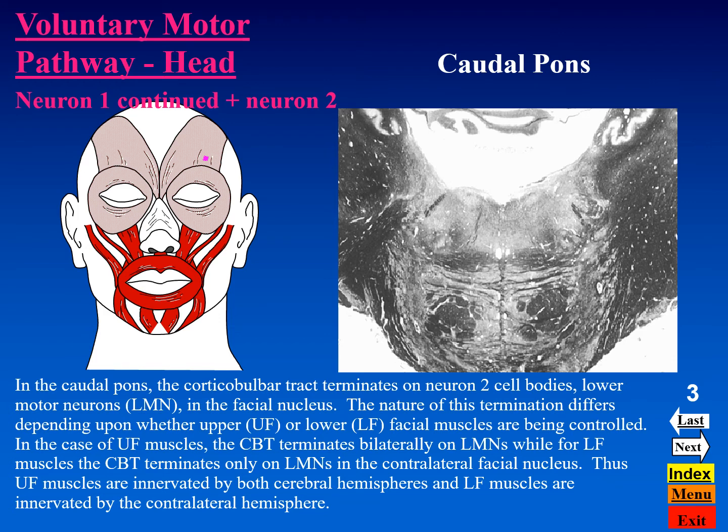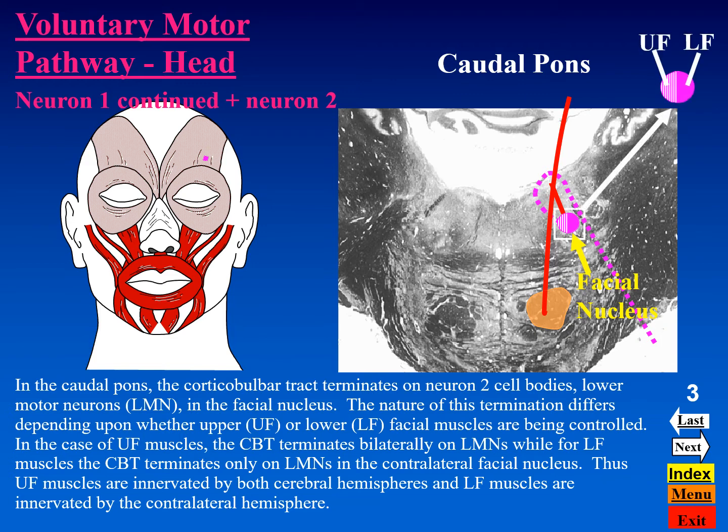In this caudal pontine level, we will see the facial nucleus, which contains lower motor neurons that supply motor innervation to the muscles of facial expression. Here we see the corticobulbar tract sending an upper motor neuron fiber to a specific part of that nucleus, and that's the part that controls upper facial muscles.